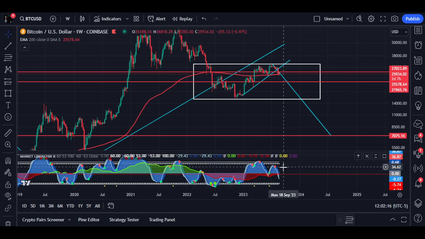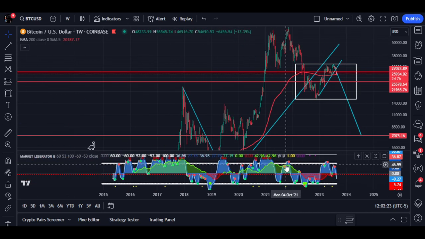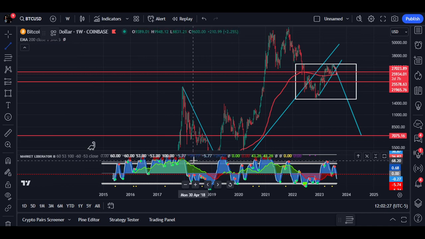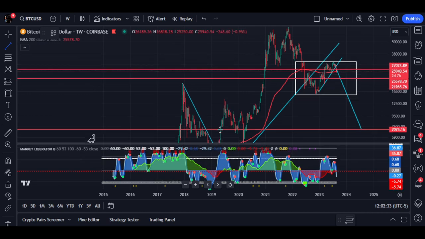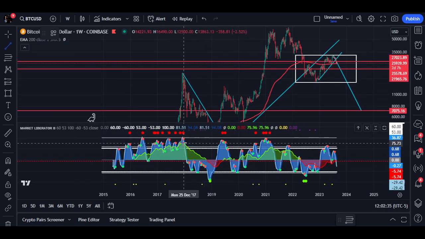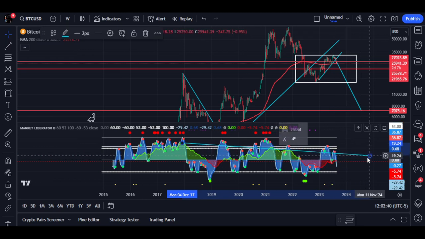You got divergence on your RSI. The money flow is about to cross over into the zero, but let's just draw a trend on the money flow. I mean, it's going down. Oh boy.